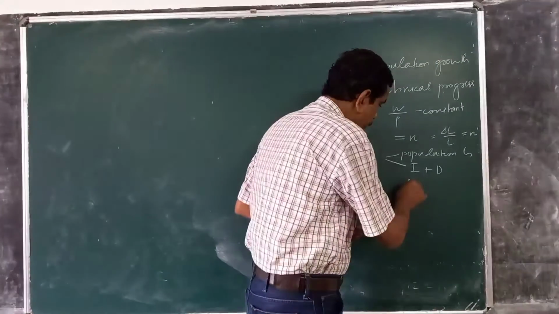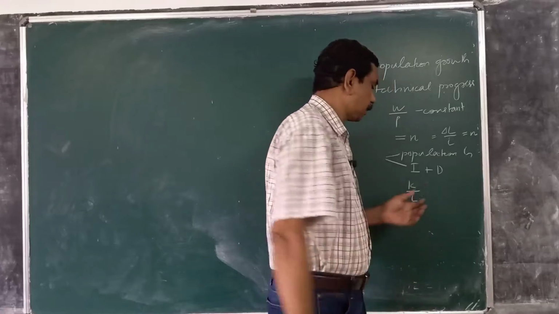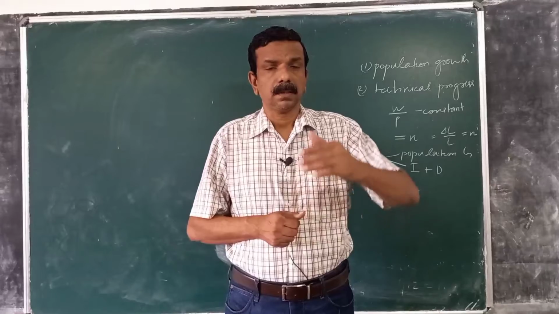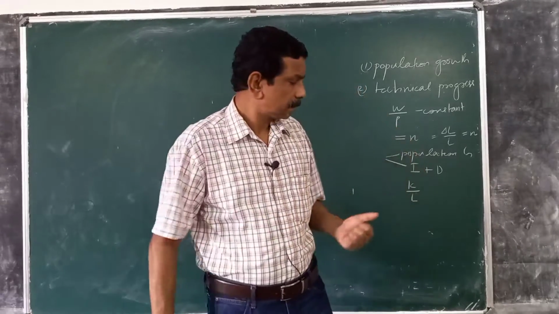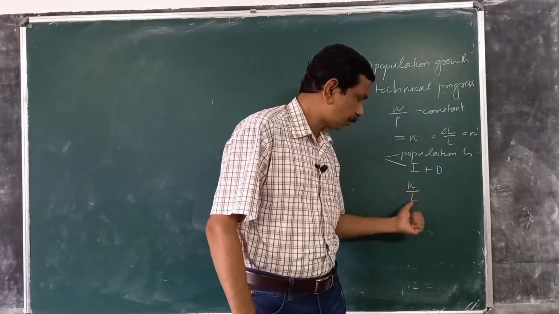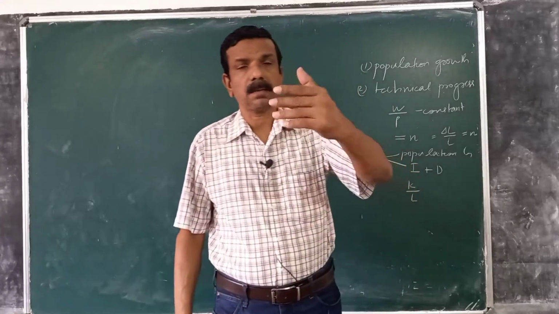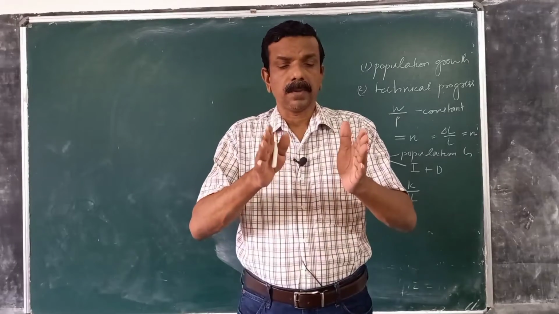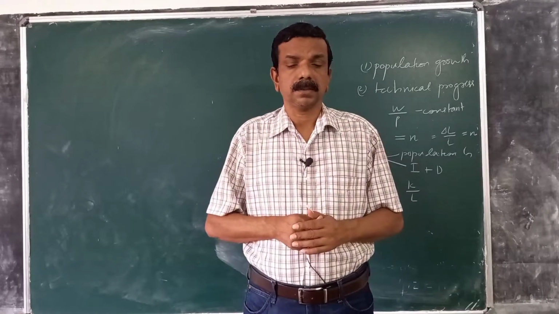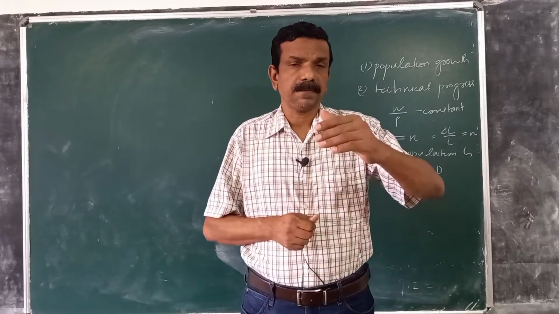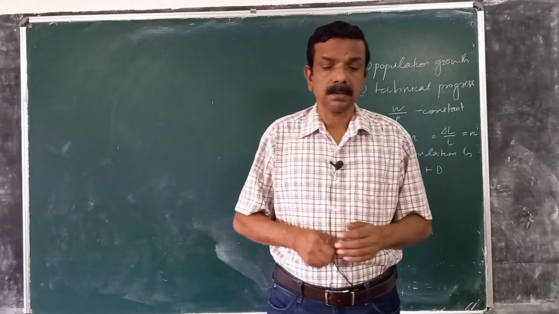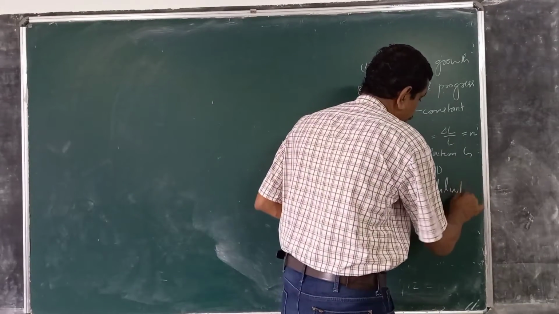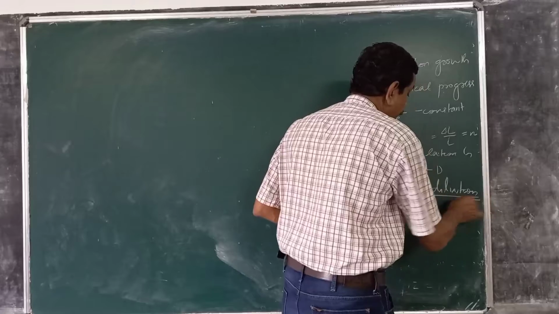The third factor which affects the capital per head is growth in the number of workers. Growth in the number of workers, as is clear from this ratio, causes the capital-labor ratio to fall. So, when the number of workers is growing and if the capital stock is constant, capital dilution will take place.